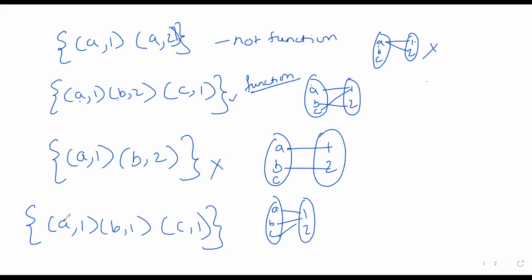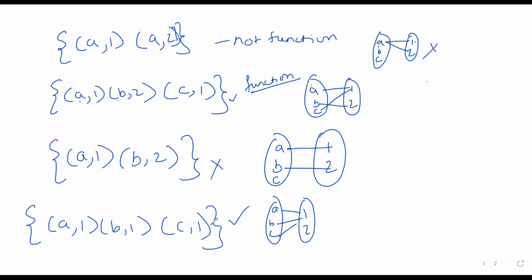this is a many to one function. What does many to one mean? Many elements in A have one element in B, but this is a function. Why? Because every element of A has an element in B, and this is a unique element. Every A has only one element in B. See, A has only one, B has only one, C has only one.